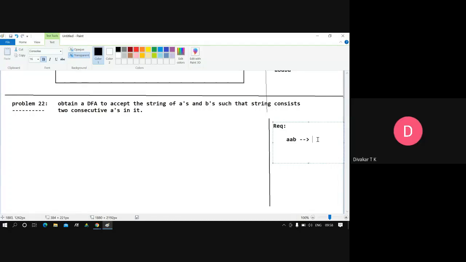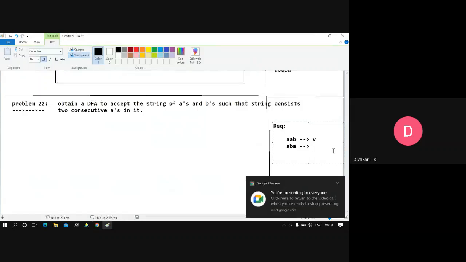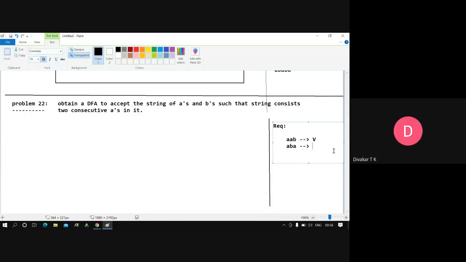Valid, very good. Gokul, tell me, is the second one valid or invalid? Sir, invalid. How is it invalid? Sir, consecutive means continuous, no, sir. Very good, very good. Great.